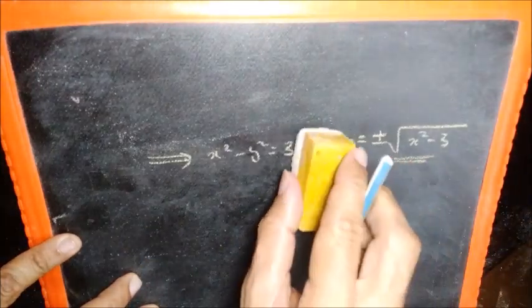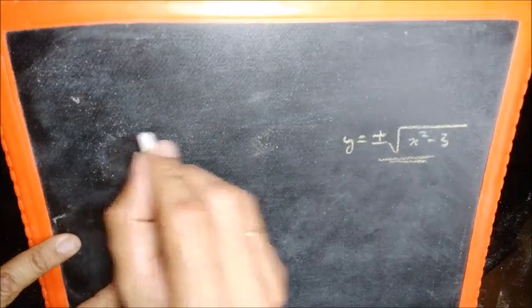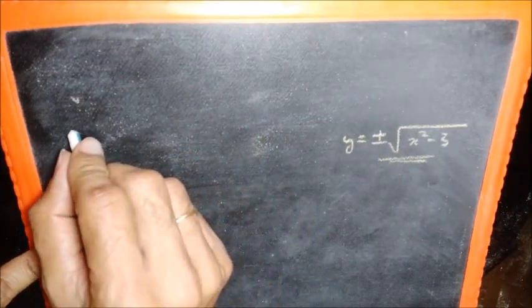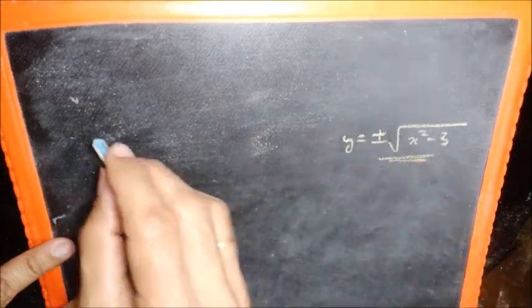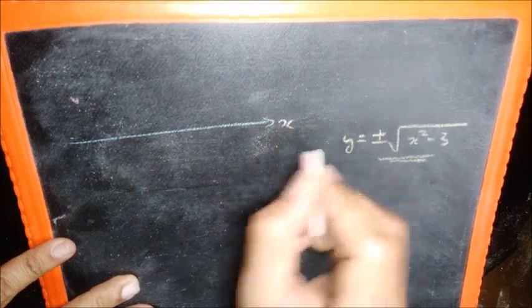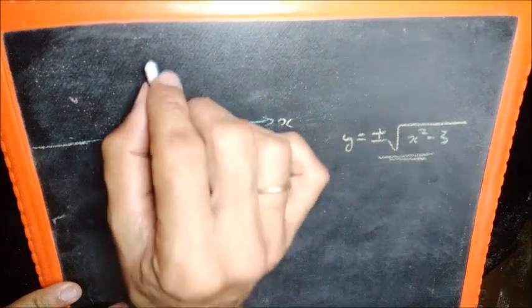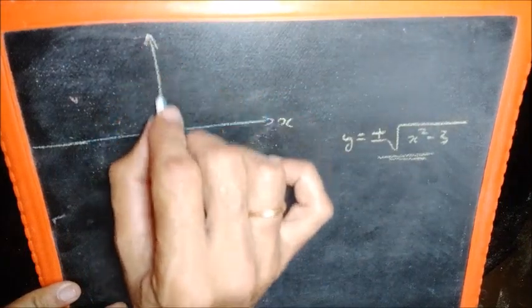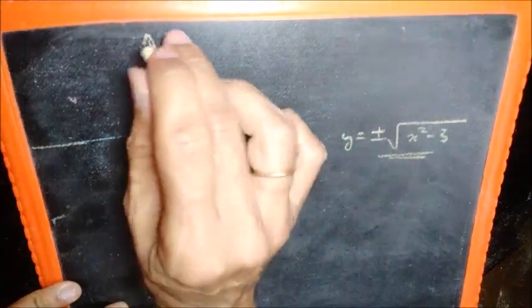So let's now plot that expression and see how the interface looks. This is actually three-dimensional, but the variation is only with respect to x and y. So this is x, and let's say this is y. And the z-axis comes out of the board.